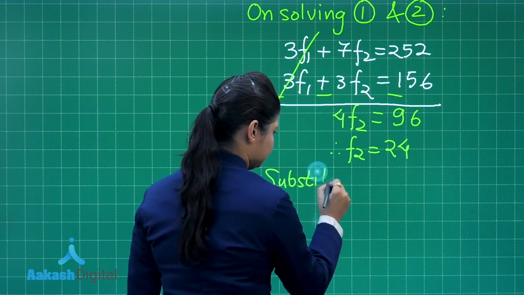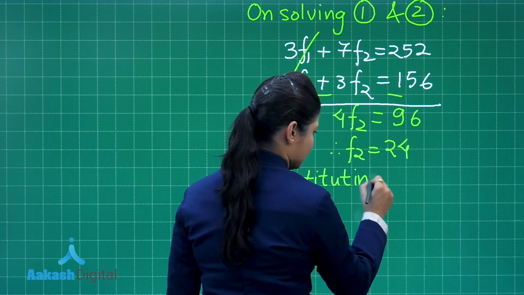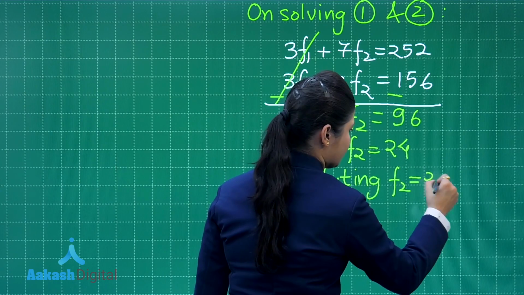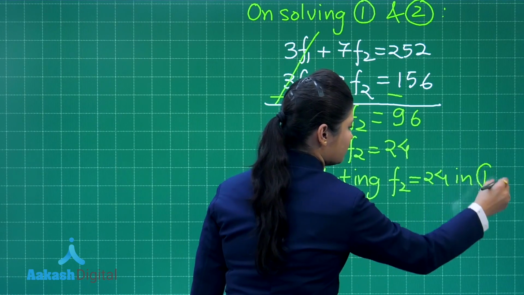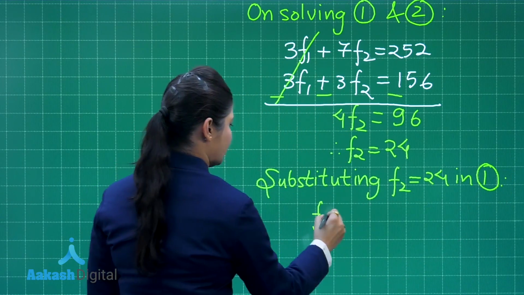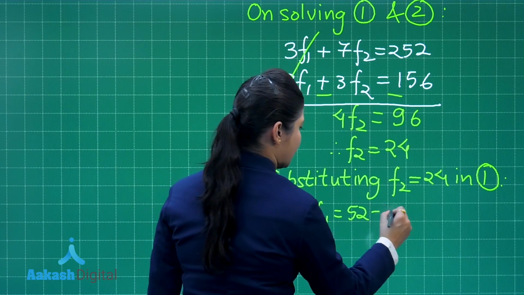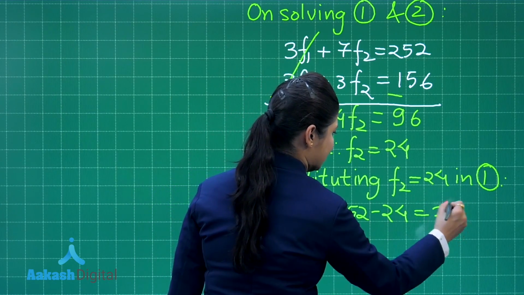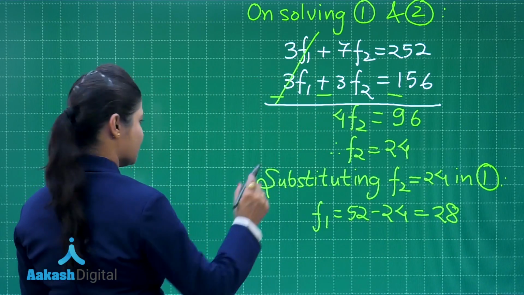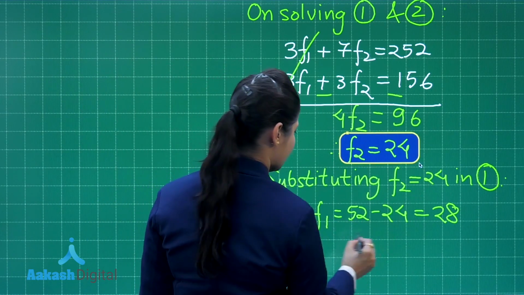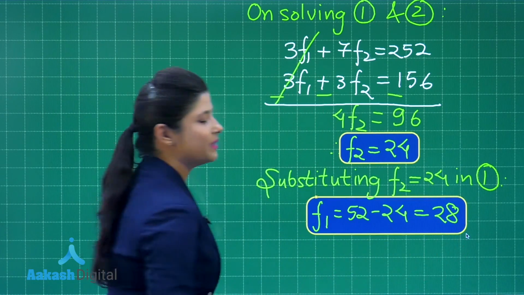Substituting F2 equal to 24, we get F1 equal to 52 minus 24, that is 28. So the required answer is that F2 is 24 and F1 is 28.